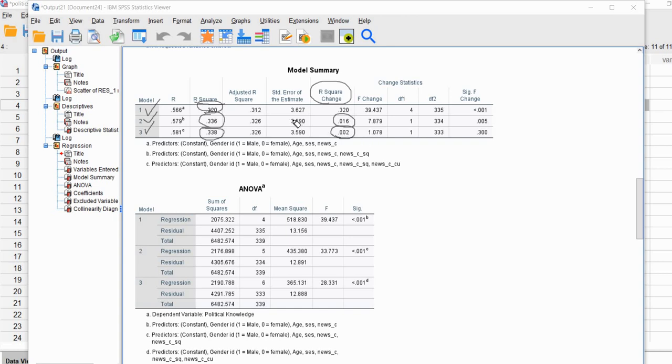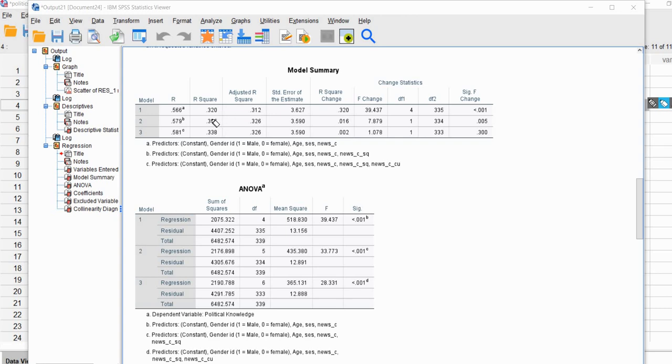Now, in terms of making a decision among our models, again, we have our linear model that seems to be doing a pretty good job overall in terms of accounting for variation in political knowledge. We see that the R-square value is 0.320, and that model has statistical significance. So we're doing a pretty good job just with that model alone.